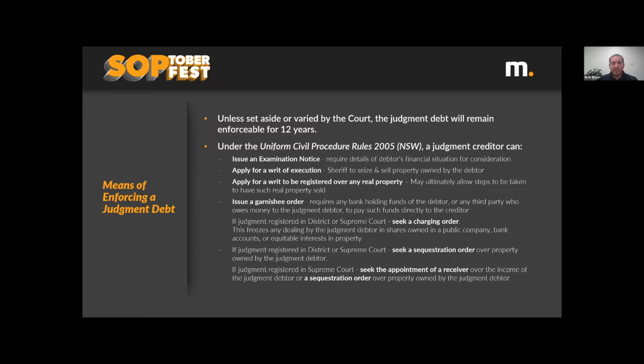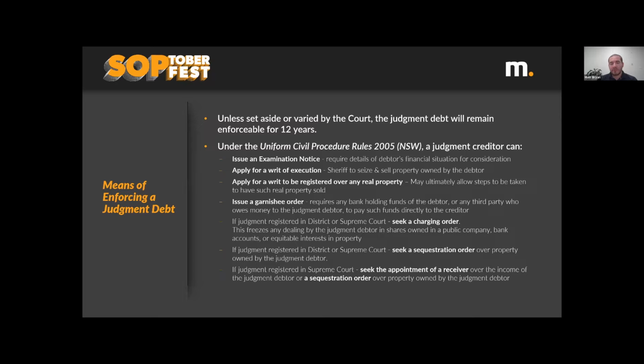I think it's really a case of picking your remedy based on how much is owed. Obviously, if it's a debt that's a couple of $100,000, it's possible but unlikely that the other side will have that much sitting in the bank available. So a garnishee order might not work well in those circumstances.